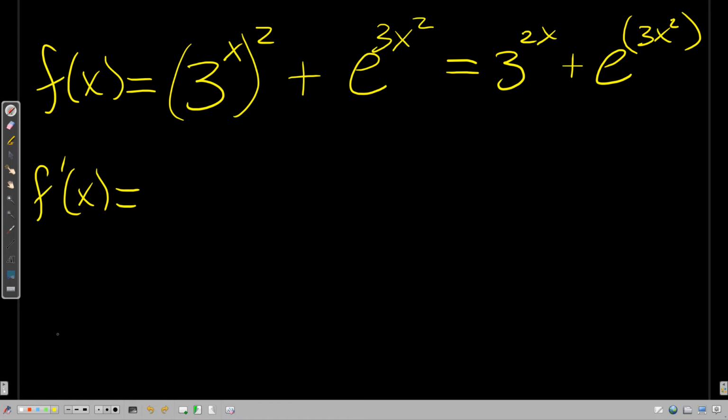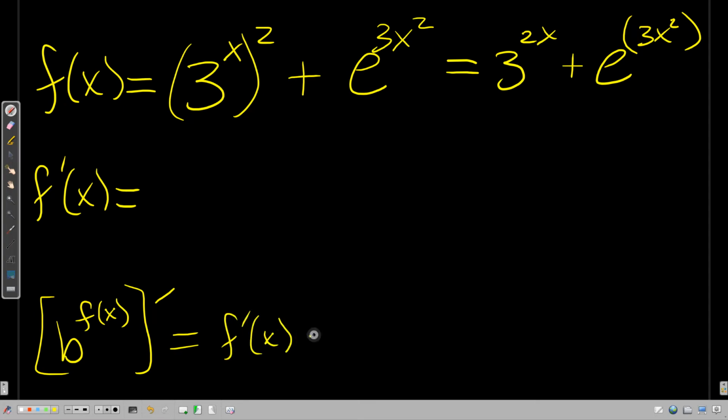And we are knowing that if I have some b to the f of x and I want its derivative, then this is just going to be f prime of x times b to the f of x times the natural log of b. It exactly coincides with how you do this derivative, except for that the natural log of e is just 1, so you don't have to write that part.